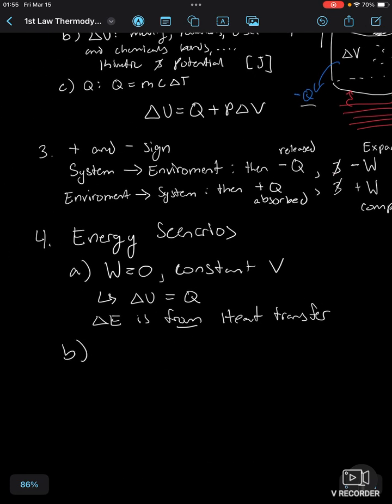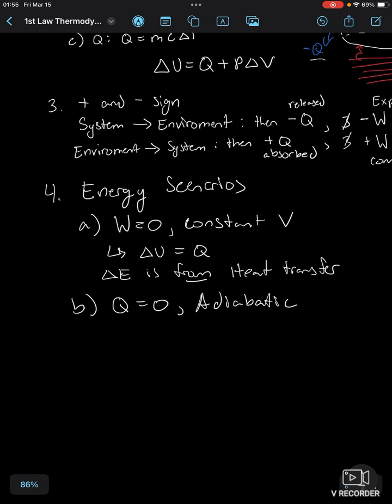Next scenario, let's look at what happens if the heat is 0. So this would mean that it is adiabatic. We talked a bit about this in the previous video, but that essentially means that Q is 0. Well, what does this mean? This means that the change of U is equal to the work.